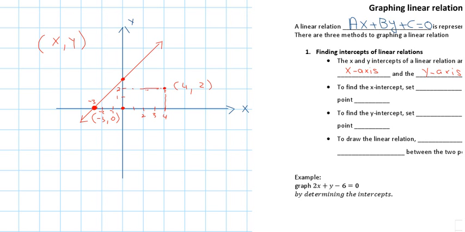If your x-intercept is here, that's going to be (8, 0). If it's here, that's going to be (4, 0). So the common thing is that y is equal to 0 for the x-intercept. Do you guys understand that?